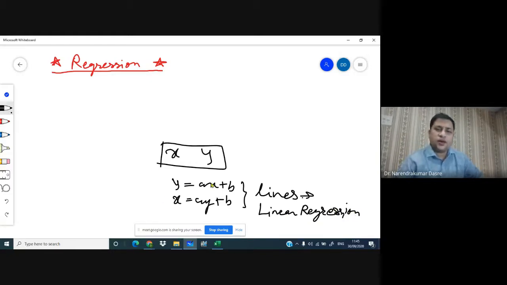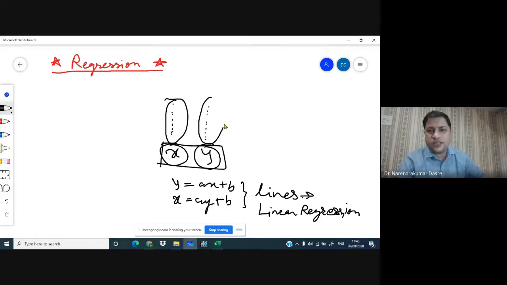Now the question is, we don't have only one value of x or only one value of y. We have different values of x and corresponding values of y, and I want to find out what the relation is between these two data sets. This is data x and we have data y.